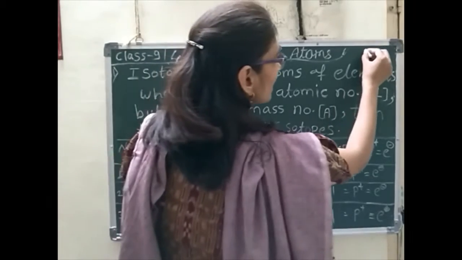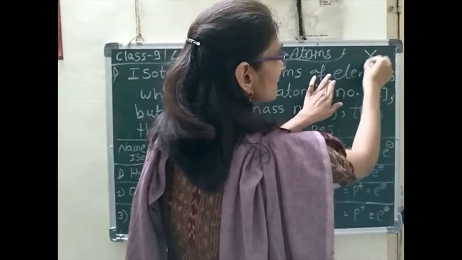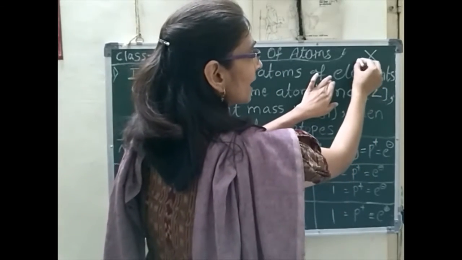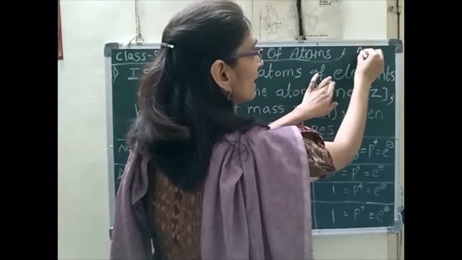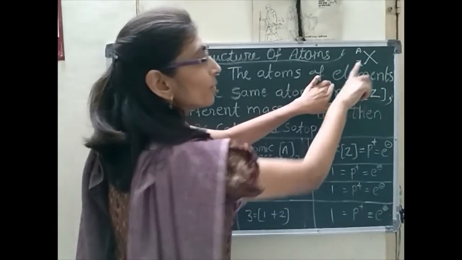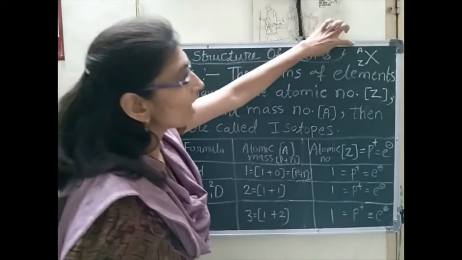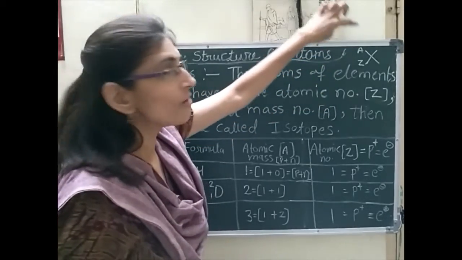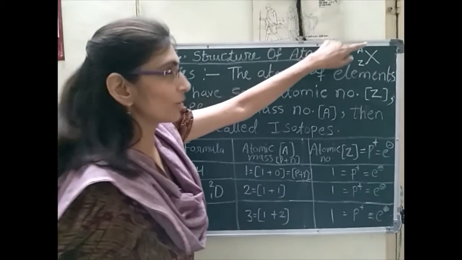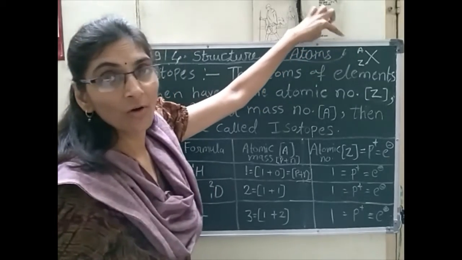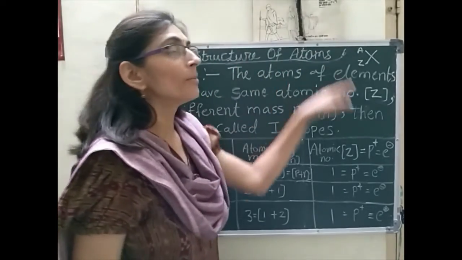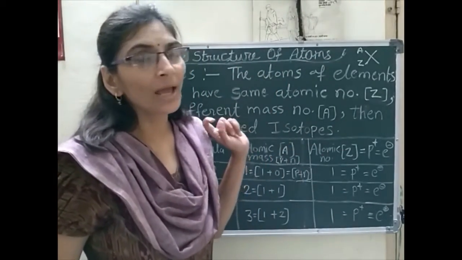In this manner we can write here. Suppose this is an atom, then we have to write Z here and A here. A means atomic mass and Z means atomic number. Atomic mass should be at the top of the atom, and atomic number should be at the bottom of the atom.